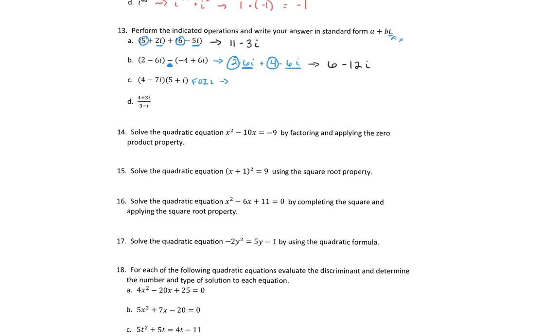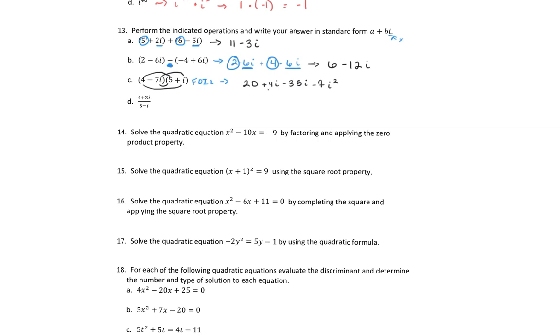So we would start with the first terms, which would be 20. Then we go on the outside, plus 4i. Then we go on the inside, which is 7 times 5, which would be -35, and then that i. And then we do the last terms. So you do a -7, and then i times i squared.